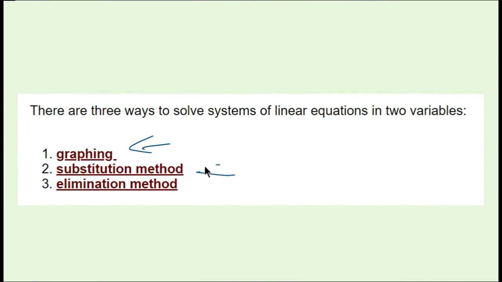The second method to solve systems of linear equations is substitution, and we will talk about it in a few seconds. Last but not least, we have the elimination method. Now we must know when to use each one of those because there are different cases, and therefore we must be aware of situations when one of those has to be more efficient and faster and easier to use.